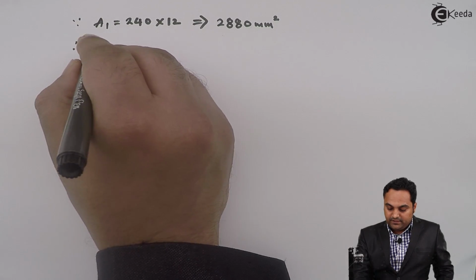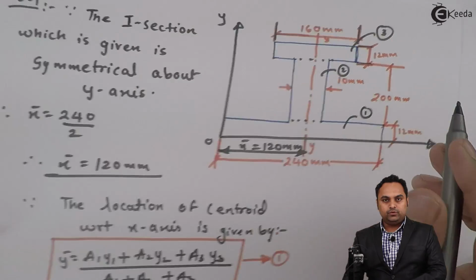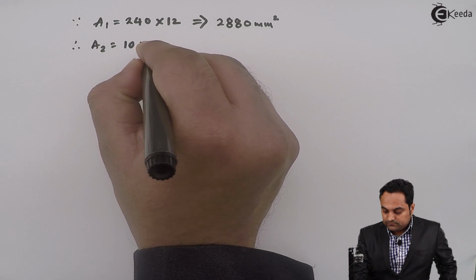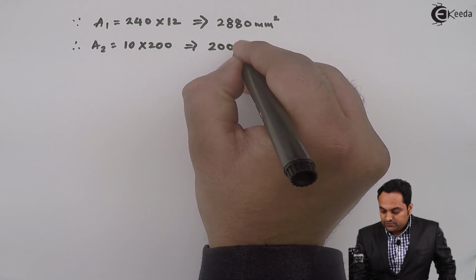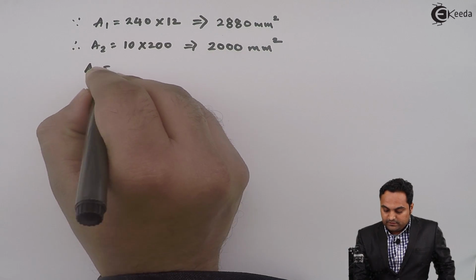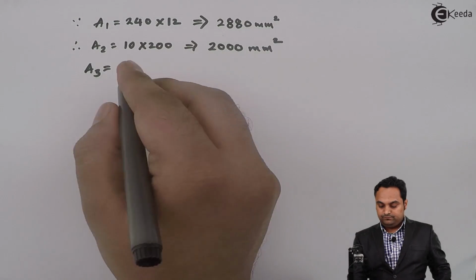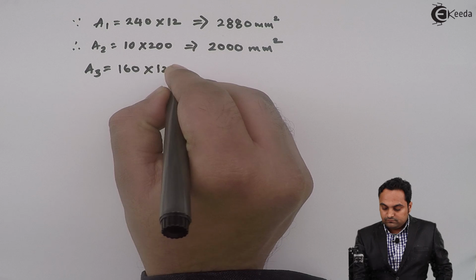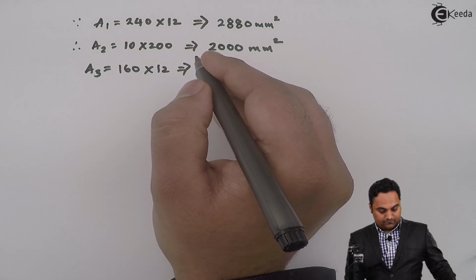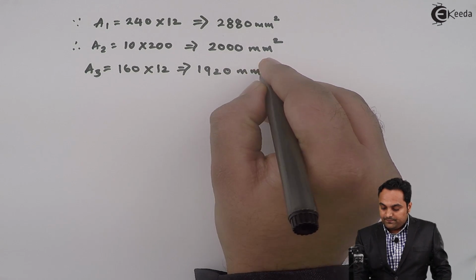Next area 2 is 10 into 200, which is 2000 mm square. Area 3 is 160 into 12, that is 1920 mm square.